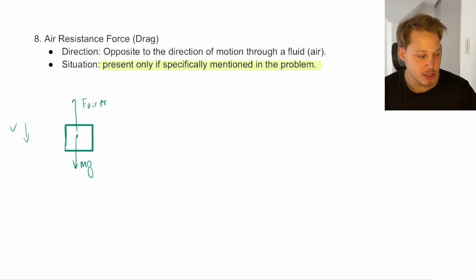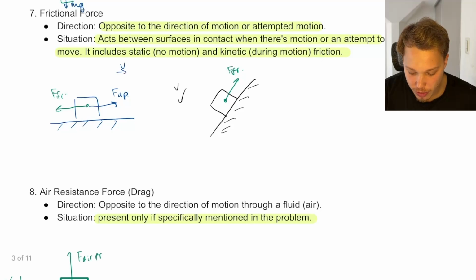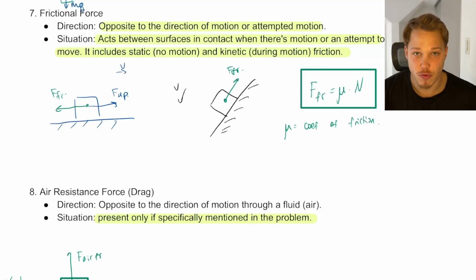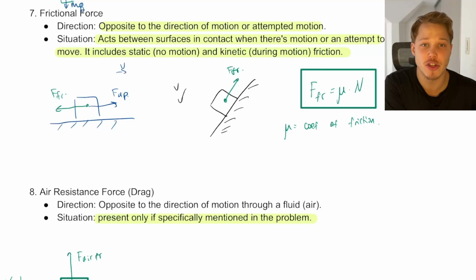One more thing I forgot to mention is that the friction force is one of the forces that has a formula, and the formula is mu times N, where mu is the coefficient of friction. In other words, it's basically the roughness of the surface. For example, there will be less friction with ice than there will be with dirt ground, so ice will have a lower coefficient of friction.